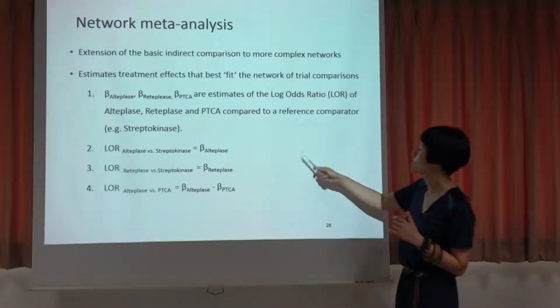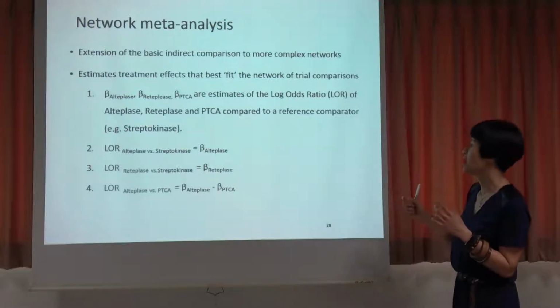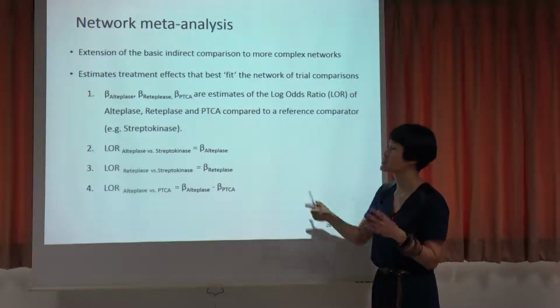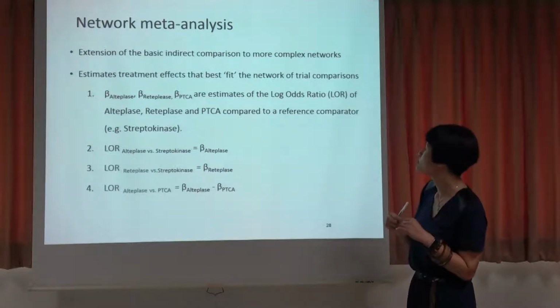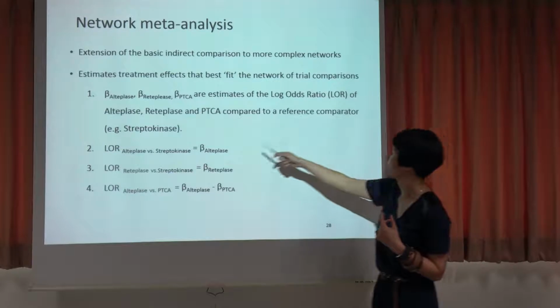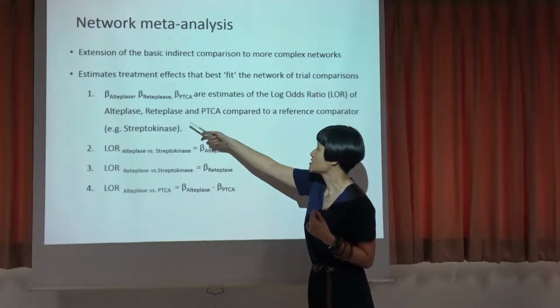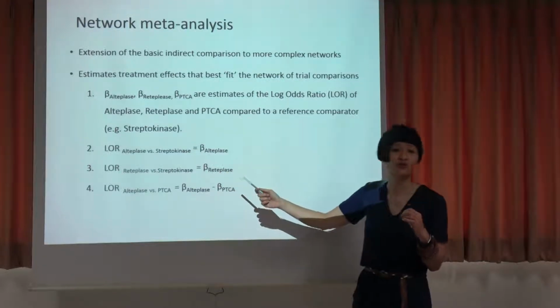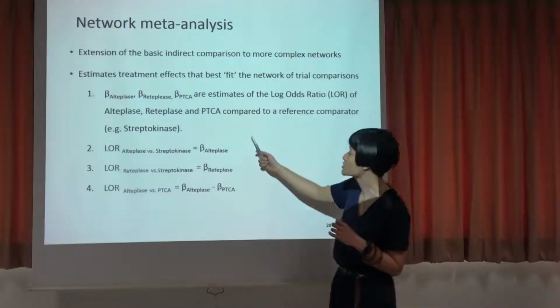And so what you're trying to estimate here, in the example that I gave earlier, beta alteplase is basically the treatment effect of alteplase relative to the common comparator streptokinase, beta rectiplase, PTCA. So these are basically all your odds ratios within the network that you're trying to calculate.